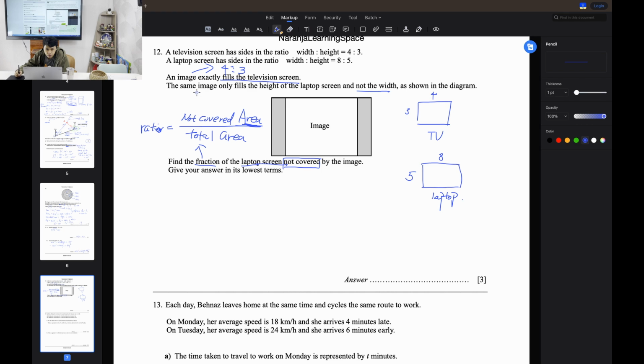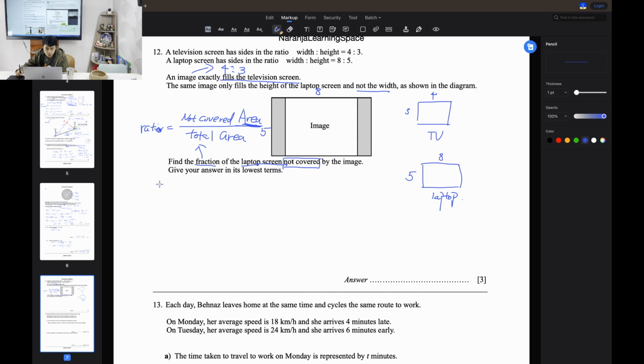Let's see, right, if the image, let's say, now this is the laptop, right, okay, the outermost one is a laptop. So laptop is in 8:5 ratio, right? If we are to fit this image into it, they fit the same height, correct? So which means we got to make the height the same.